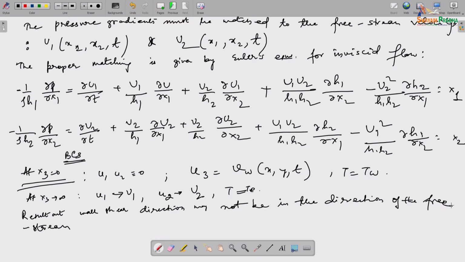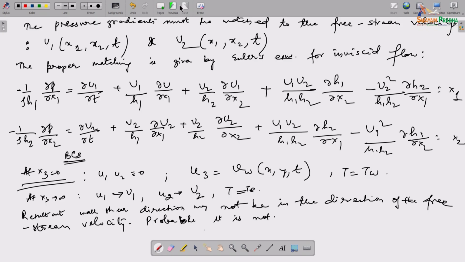Free stream, right, free stream velocity. Okay, so we got that in place. Well, that's all really the 3D.